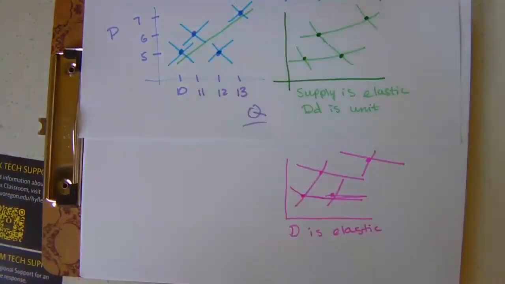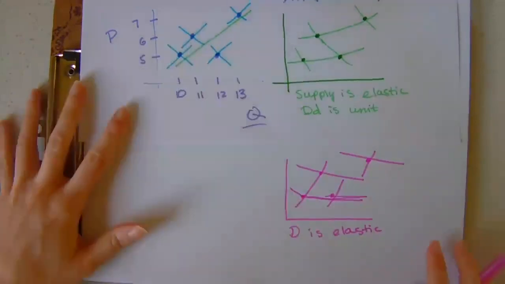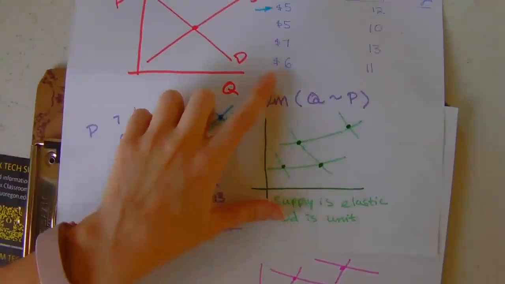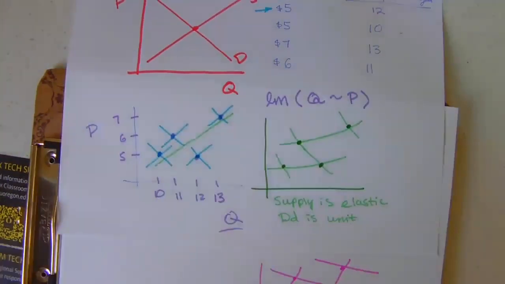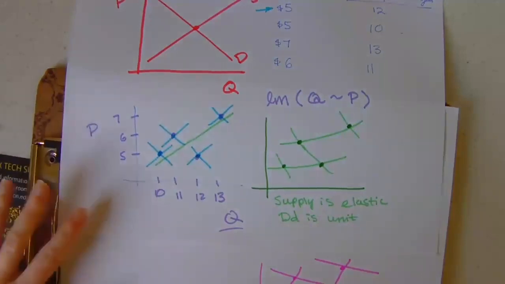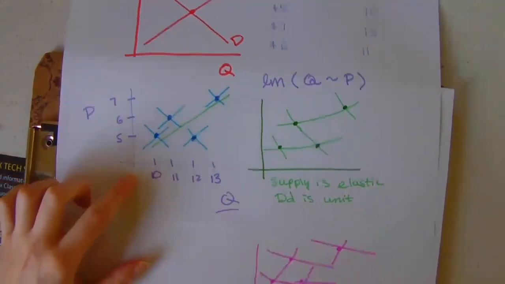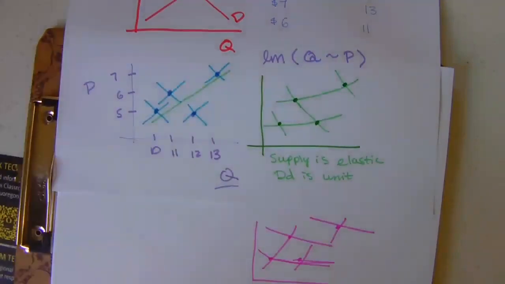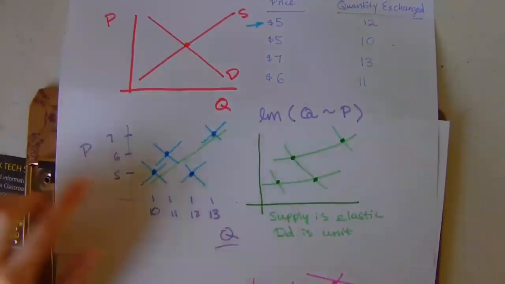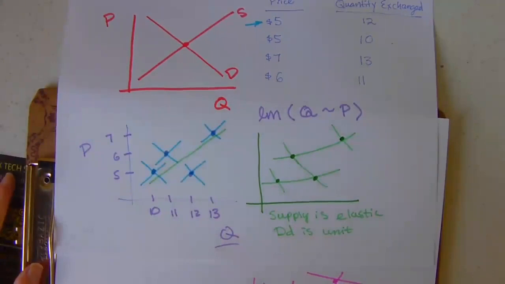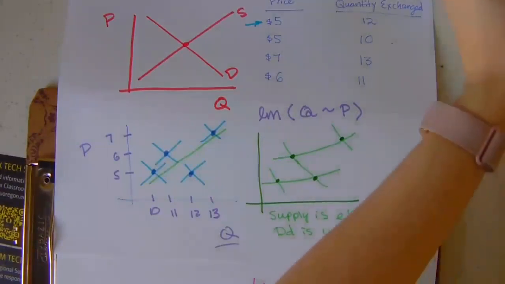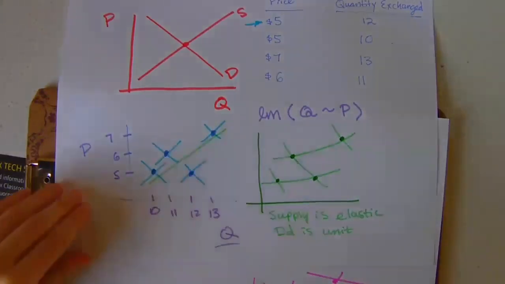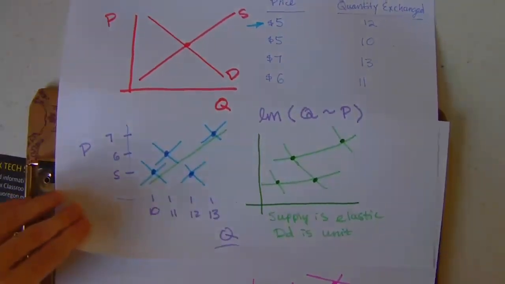So all this to say, just looking at these data points on a chart here, we have no clue about the elasticities of supply and demand. It could be literally anything, because these points are determined by the intersection of those two lines, or by these two equations, supply and demand. So we need more information. We know we need something else in order to estimate elasticities.